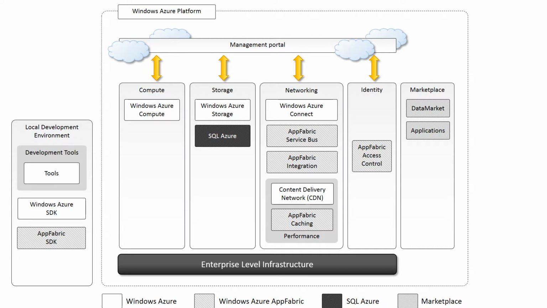Under networking, Windows Azure Connect to establish the connection, App Fabric Service Bus, App Fabric integration, Content Delivery Network, we also call it CDN, App Fabric caching. So CDN and App Fabric caching is related to the performance of the network.